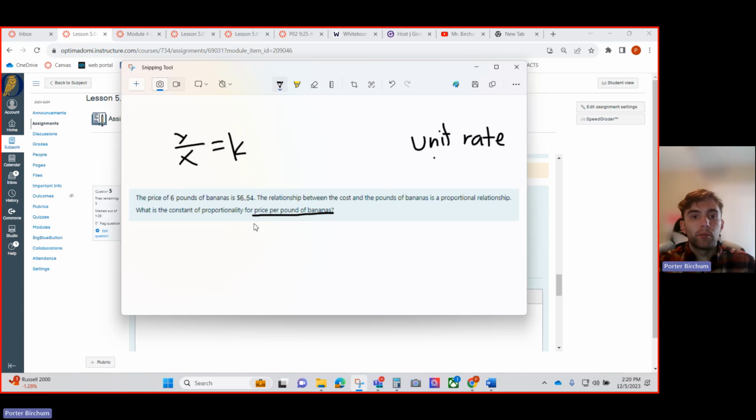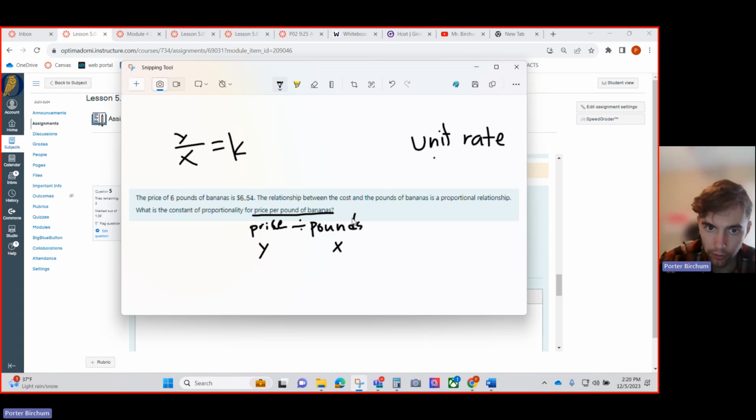We can find the unit rate of price per pound by doing price divided by pounds. So price would be our y value. Pounds would be our x value.